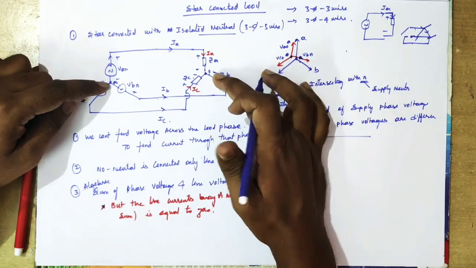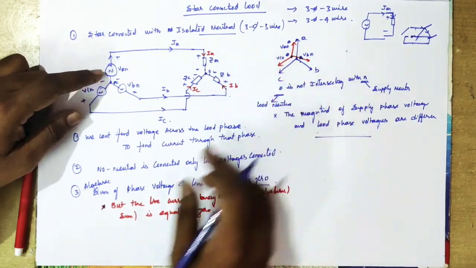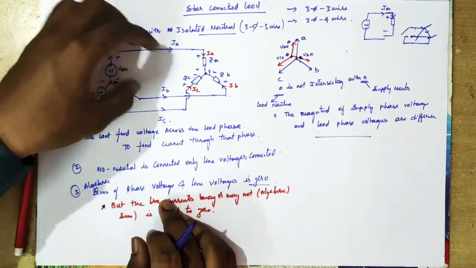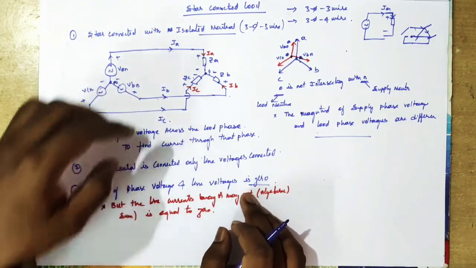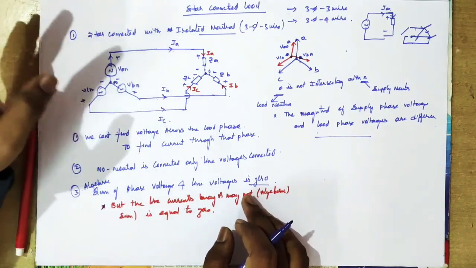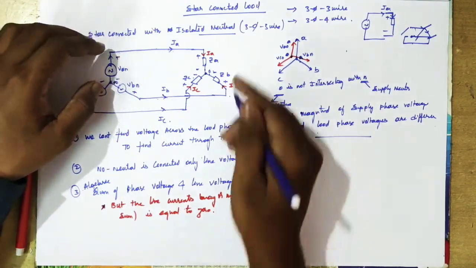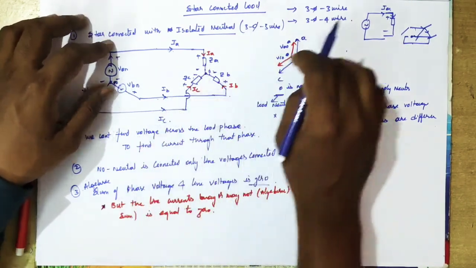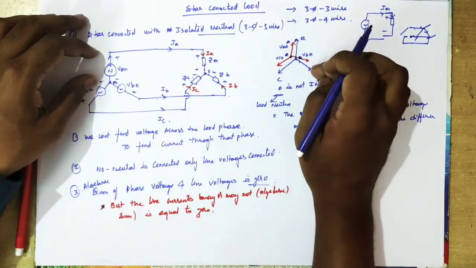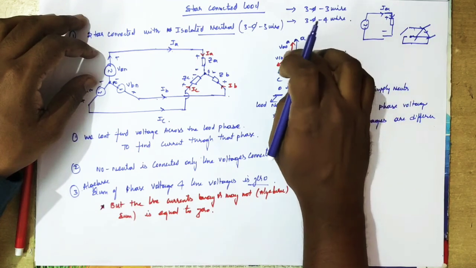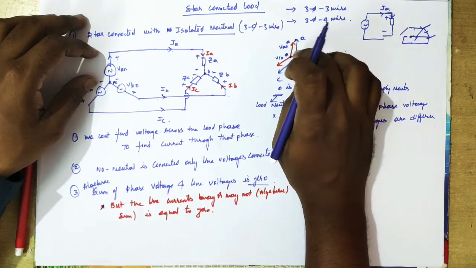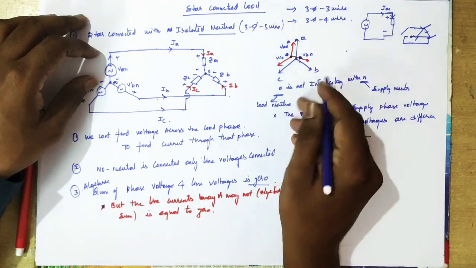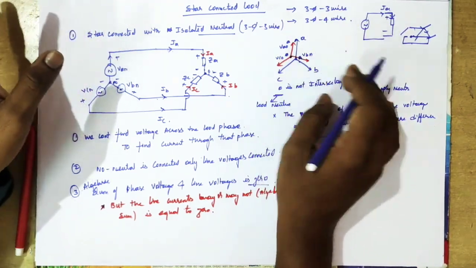So the algebraic sum of the voltages in the lines is zero, but the line currents are not zero because of the impedances across each individual phase. This is a supply phasor diagram, and there is a load phasor diagram. They have different magnitudes because of the phase shift in the neutrals.